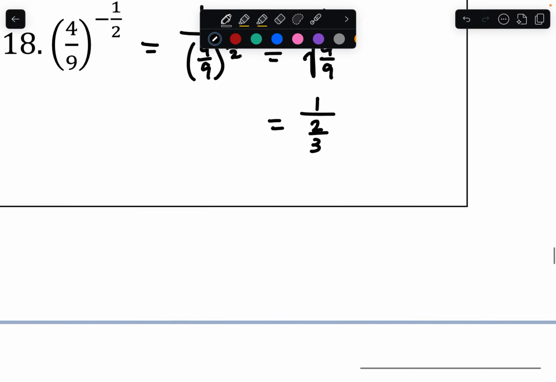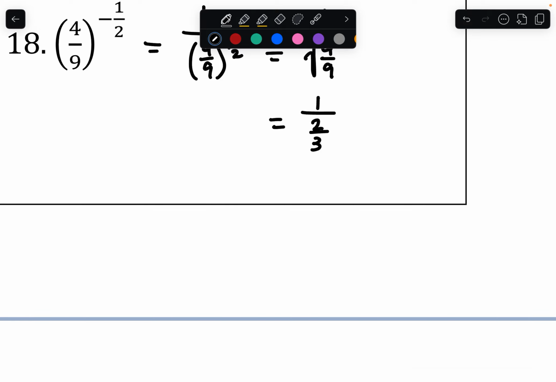And then don't leave a triple layer fraction like that. This is a keep, change, flip. So keep the 1, change your division to multiplication, and then flip your second fraction. And so this simplifies to 3/2.